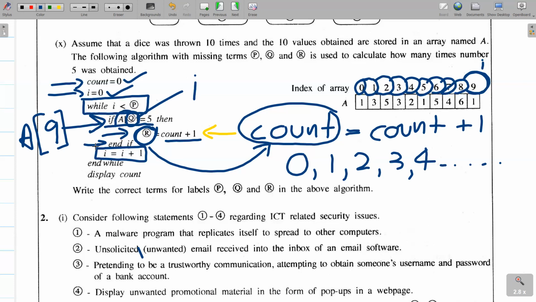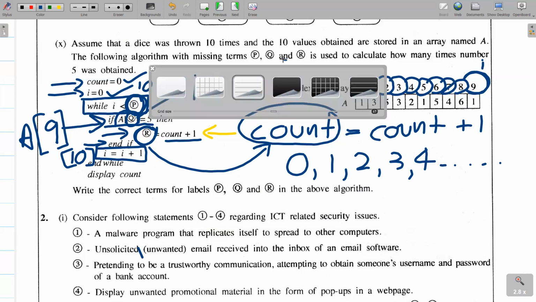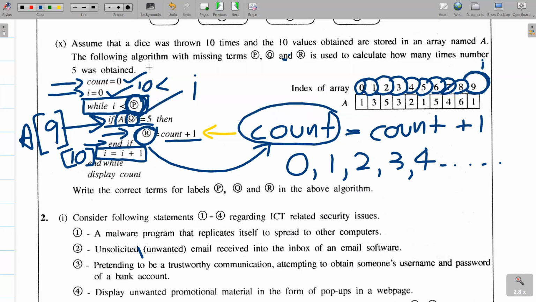Then I will become 10. Right? So when you check whether 10 is less than the value that is going to be P, it should be a false value. Right? Otherwise, it will continue again. So if it needs to be false, what's going on here?